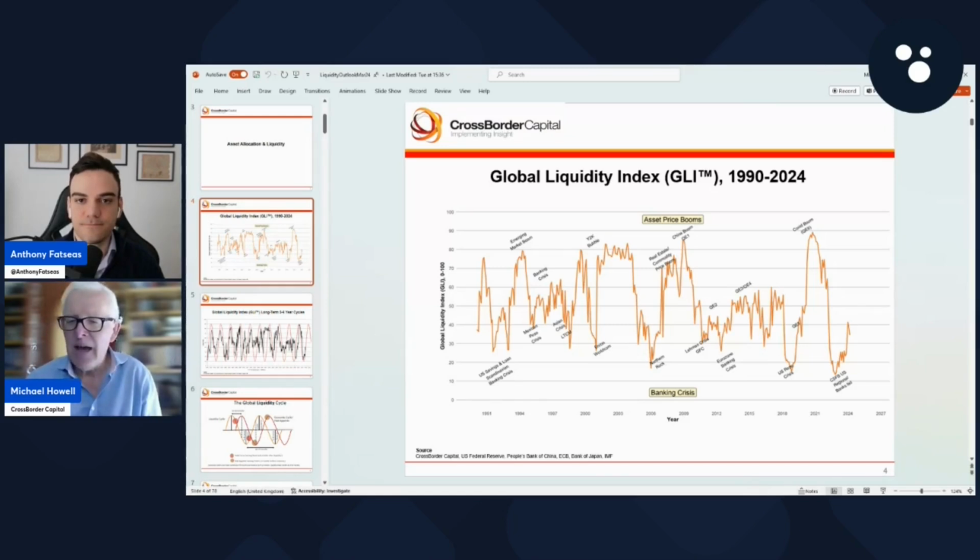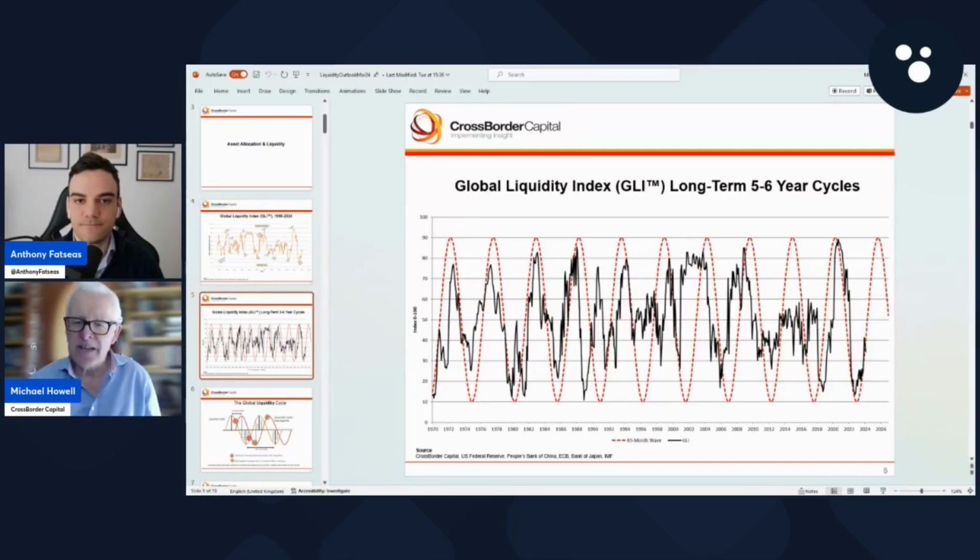And if we go on to the next slide, what that slide shows there is a much longer term perspective. Now, that longer term perspective begins in 1970. It shows the global liquidity index in black. The dotted red line shows the cycle, a sine wave that we put on top.